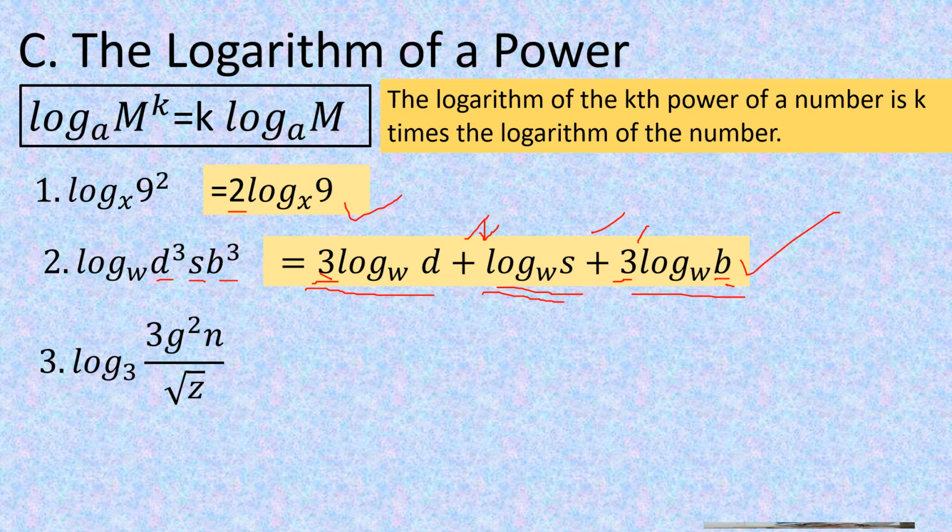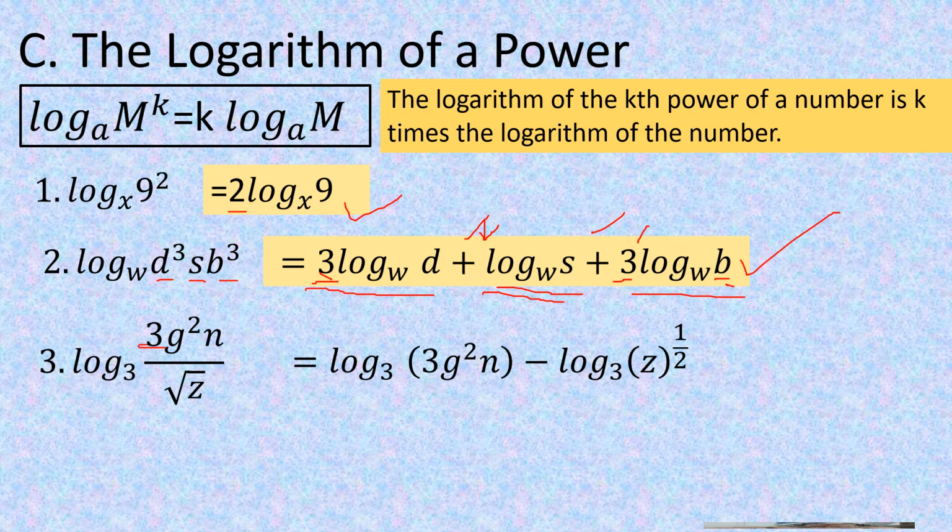Number 3, the log of 3g squared n over square root of z to the base 3. First, we are going to consider that this is already a logarithm of a quotient. If it is a logarithm of a quotient, we are going to subtract their logarithms.